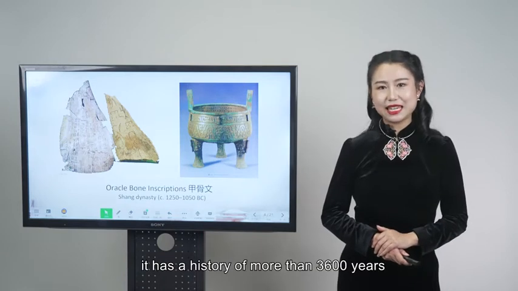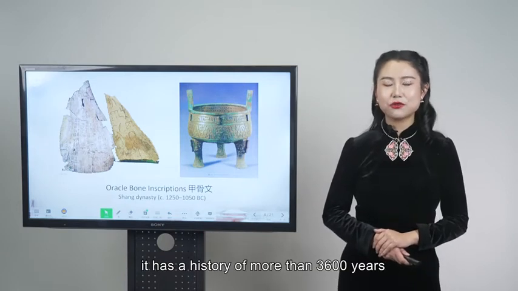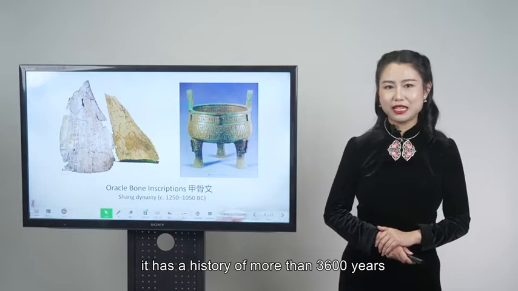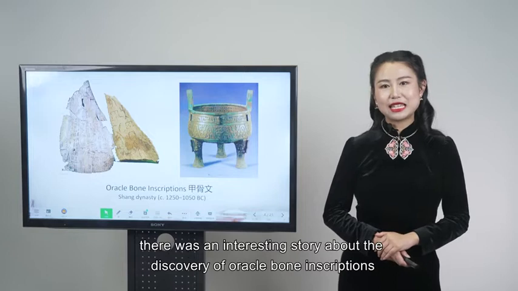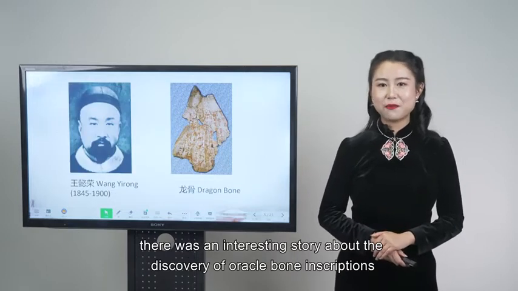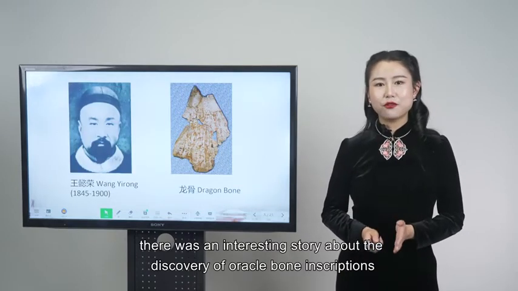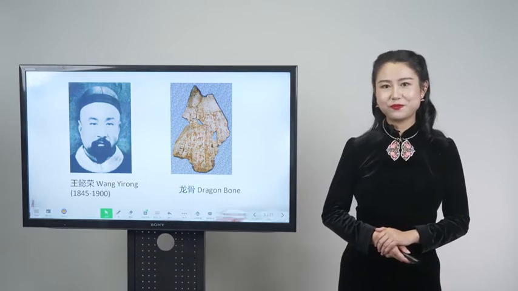As you can see, it has a history of more than 3,600 years. And speaking of history, there is an interesting story about the discovery of oracle bone inscriptions.